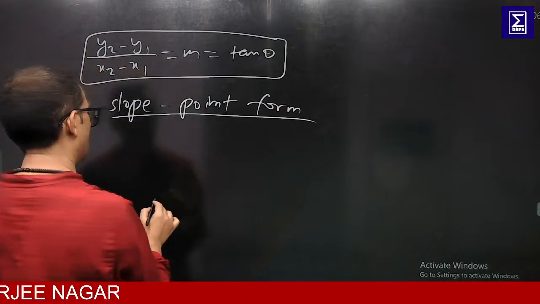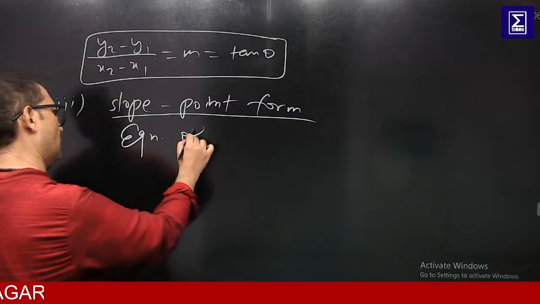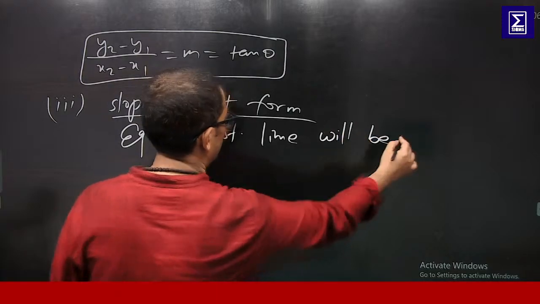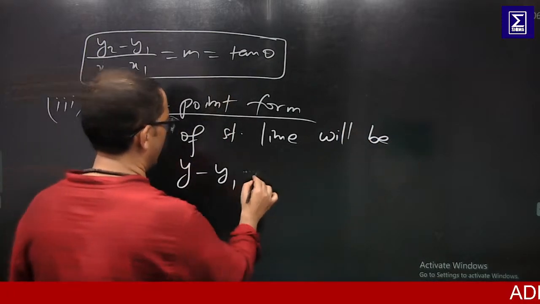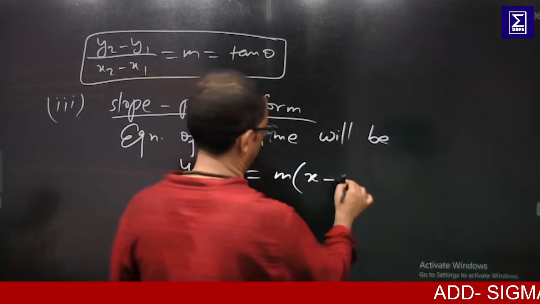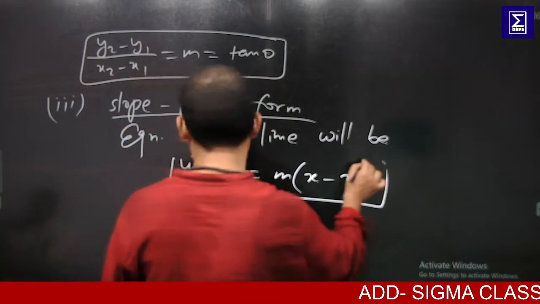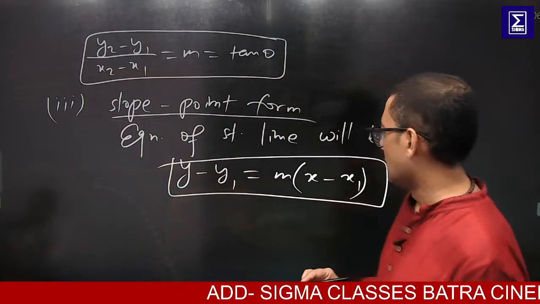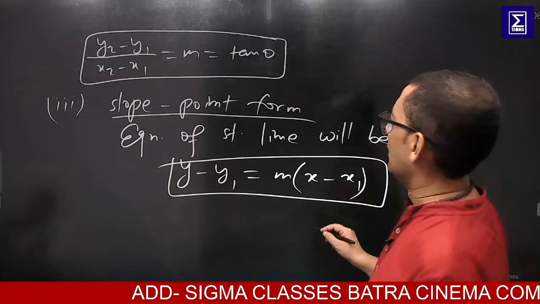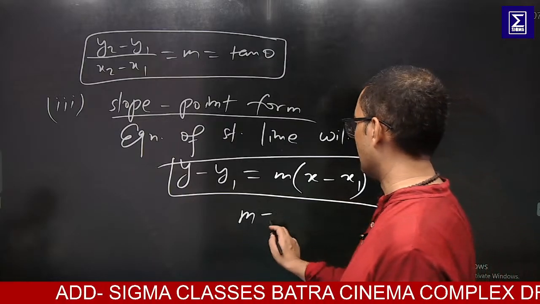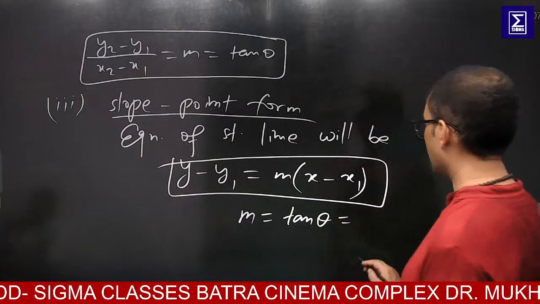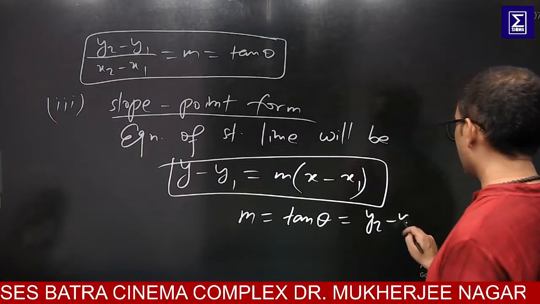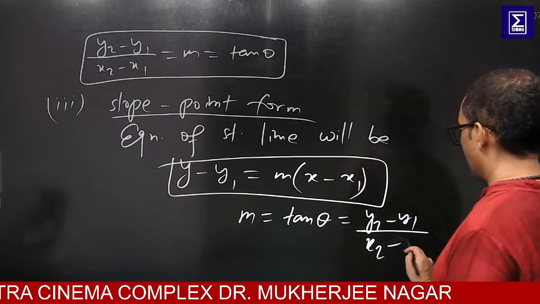It means that the equation of the straight line will be y minus y1 is equal to m times (x minus x1), wherein m is nothing but the slope of the straight line. m is tan theta, and tan theta is (y2 minus y1) upon (x2 minus x1).